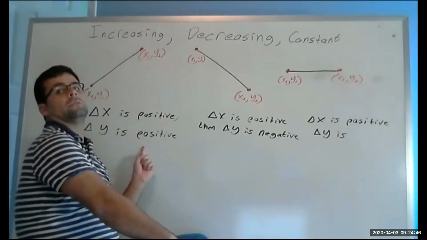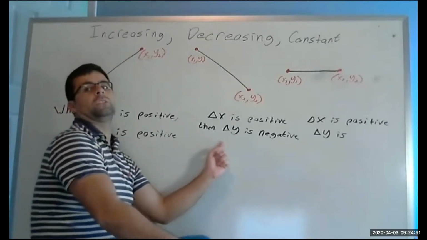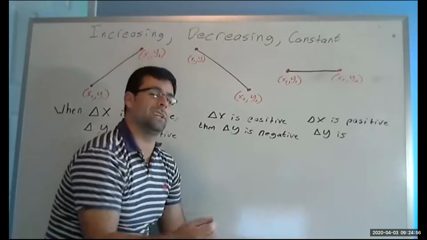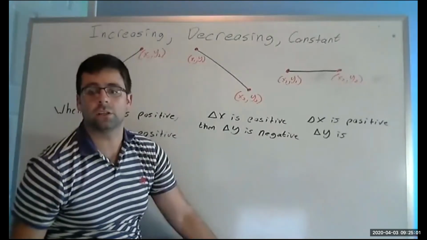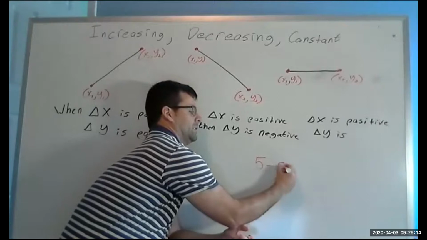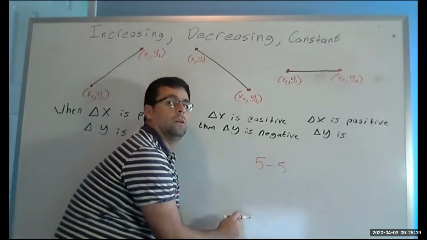First one was the change in y is positive. The second one, the change, they'll equal each other. The two y's equal each other. So what is the change in something if they are equal to each other? What is 5 minus 5? Nothing. 0. It'll be 0.